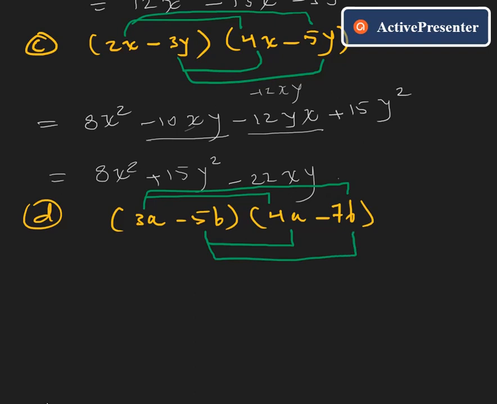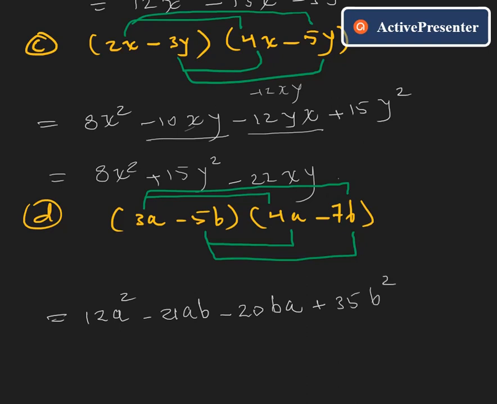So our answer should be 3a multiplied in 4a is 12a squared, and 3a multiplied in minus 7b should be minus 21ab. What about minus 5b? Minus 5b multiplied in 4a is minus 20ba. Minus 5b multiplied in minus 7b should be plus 35b squared.